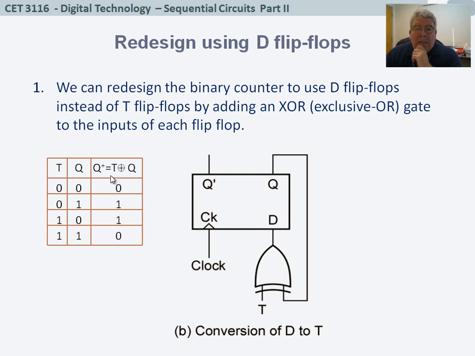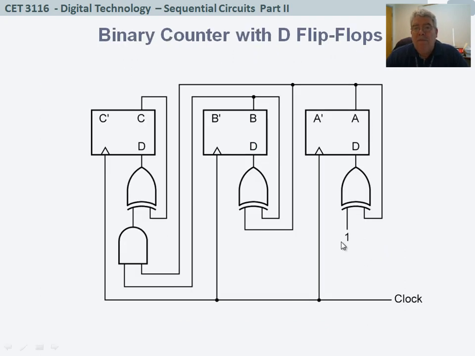Now, these first two are no change. When T is 0 in a toggle, the toggle doesn't occur, of course, and when T is 1, it toggles. Now, all we need to do is simply supplant this for each and every one of the flip-flops.